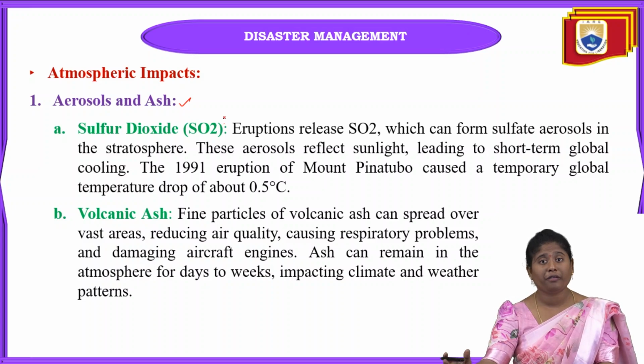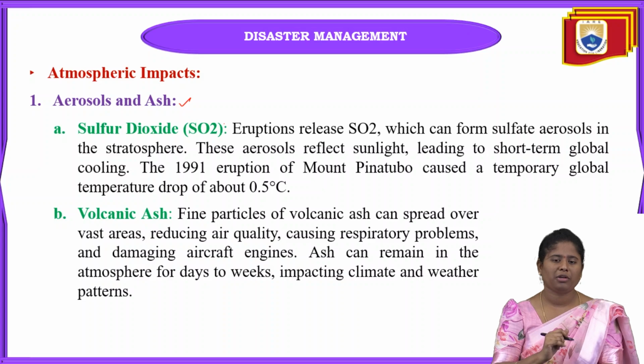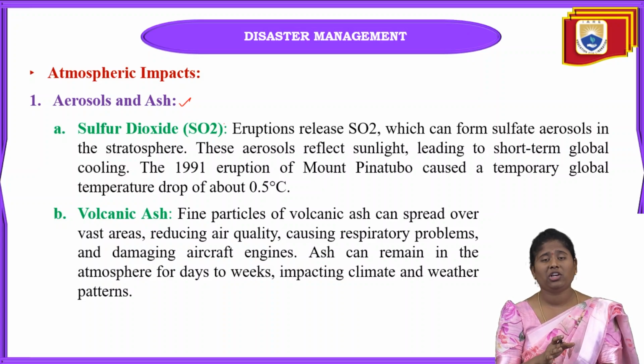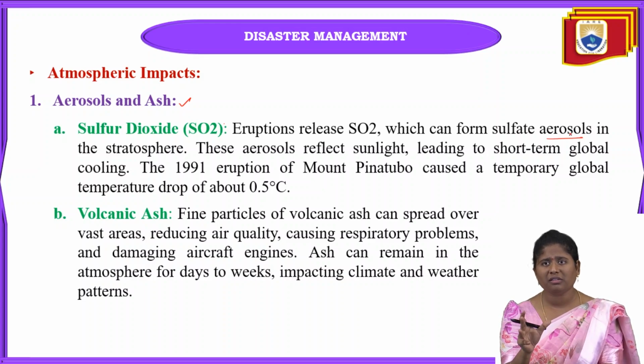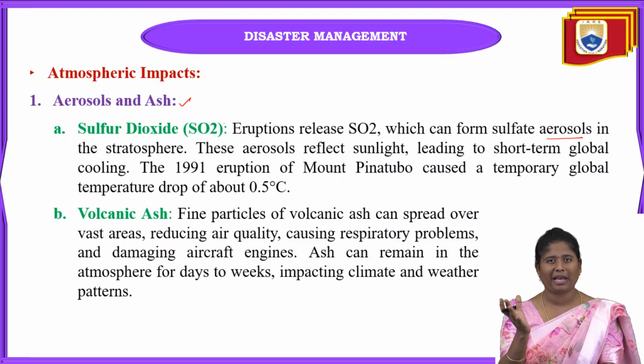The main effect of this sulfur dioxide going into the atmosphere is that after the eruption, it can form sulfate aerosols. Aerosols are formed when sulfur dioxide goes into the atmosphere and changes its form into vapor. Okay, vapor means something steam-like.